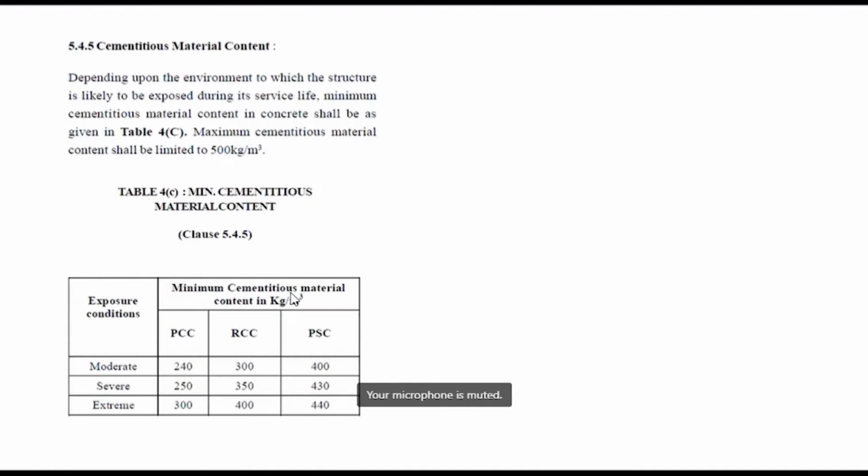The minimum cement content is given in Table 4C. At the same time, cement content is also restricted in our code, to 500 kg per meter cube. So in no case can we use concrete with more than 500 kg per meter cube.